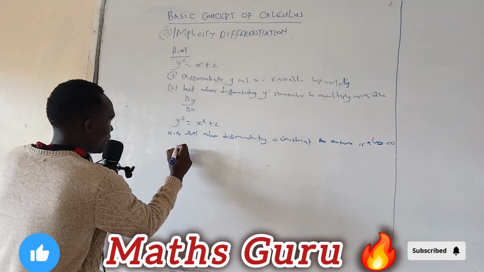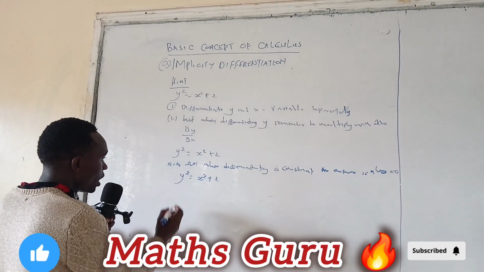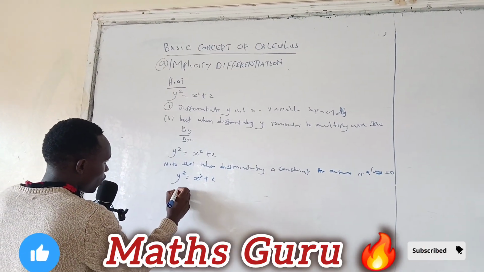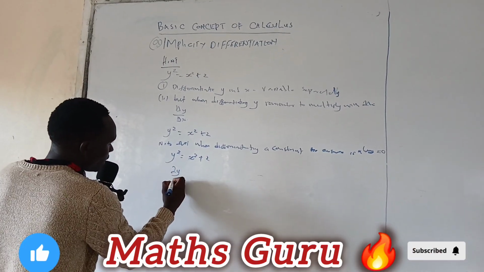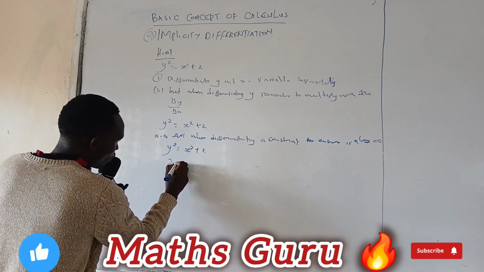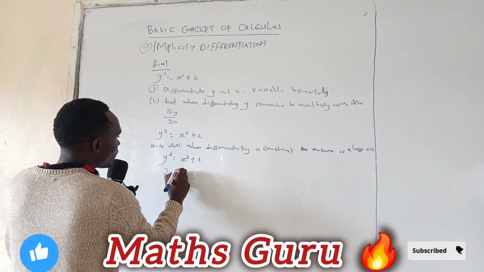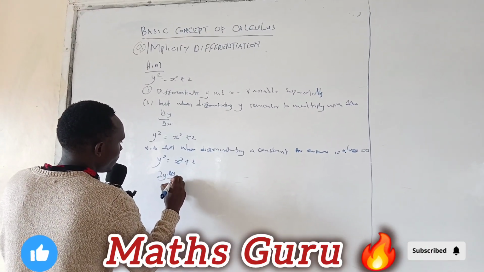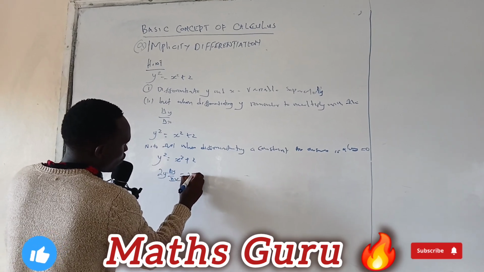So for this one, y squared is equal to x squared plus 2. I'm differentiating y. Now it is 2y, then multiply by the change in y over the change in x. Differentiating x, I get 2x.